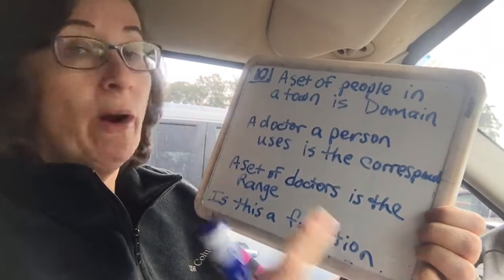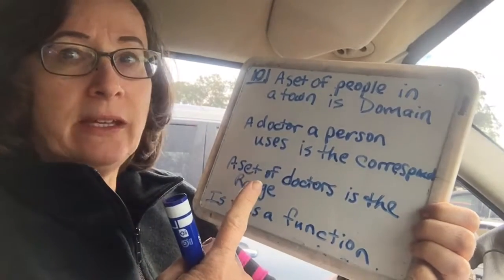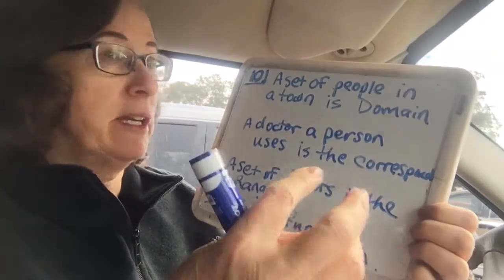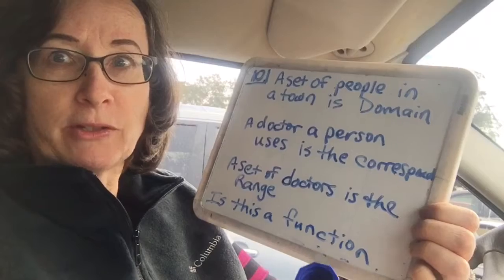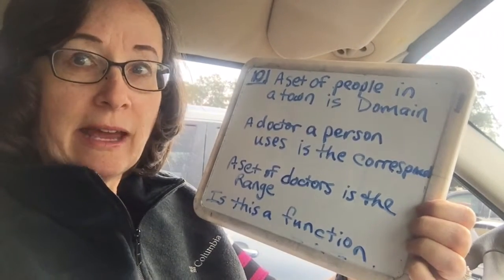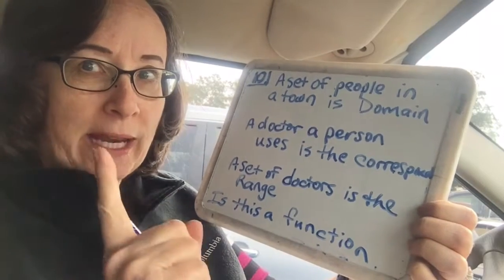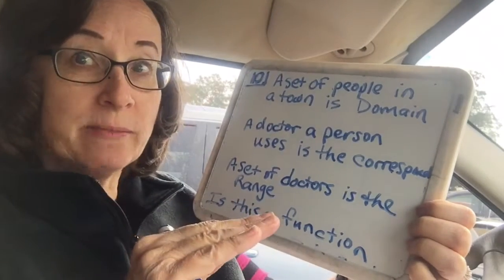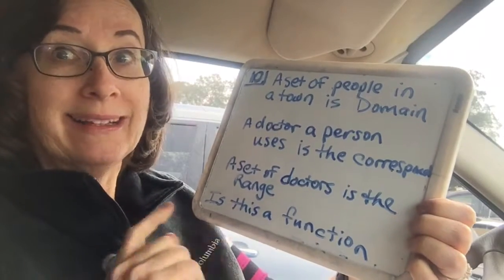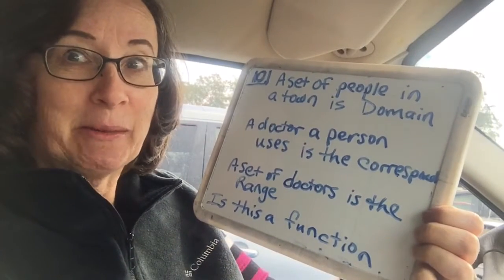And so one person in town may use a heart doctor and a general physician and a surgeon. So all three of those are doctors and different doctors. So no, this is not a function because one x, one input, has more than one output. One person may have more than one doctor. And I will be back with the next one.